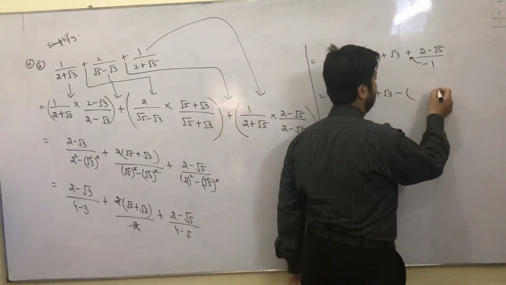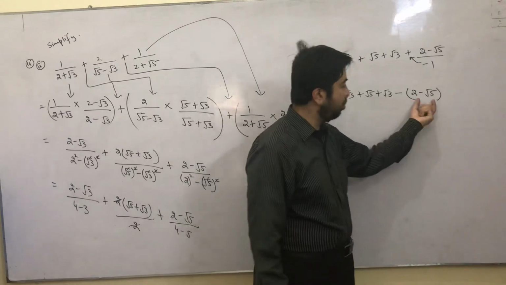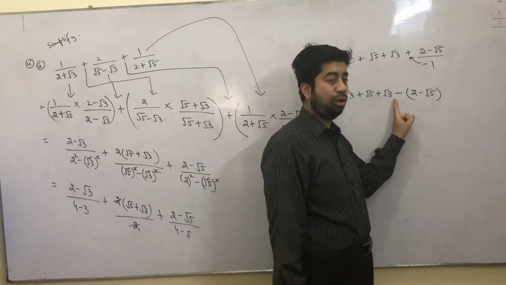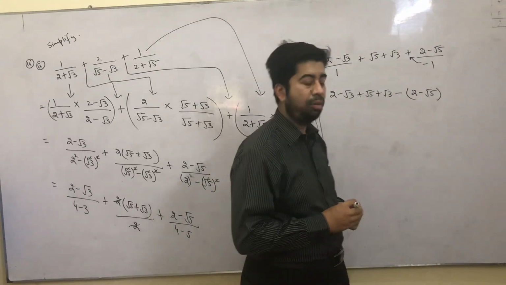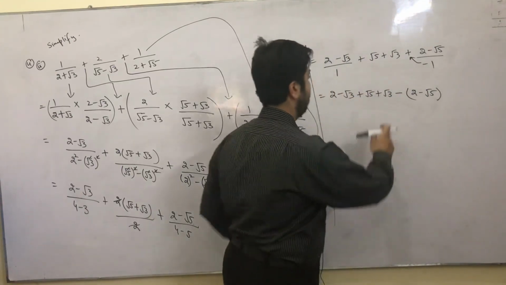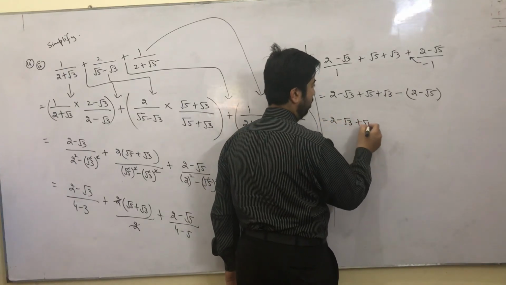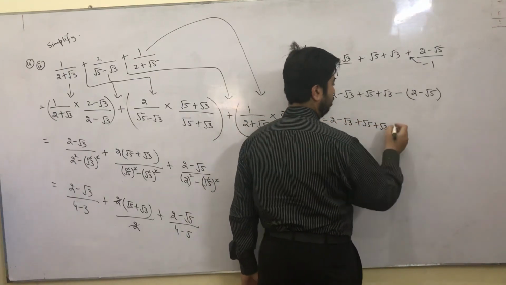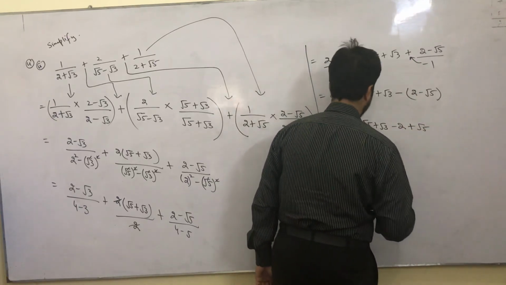After the minus, you can write everything in brackets, because this minus is going to be applied in the numerator to all the values. So minus multiplies 2 minus √3 plus √5 plus √3 minus 2, and this is minus into minus, plus √5.